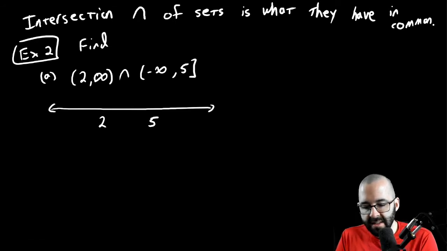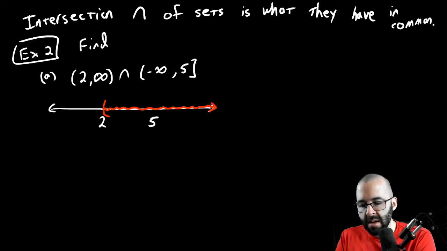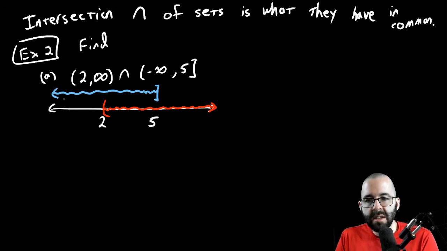So one of these sets, you can either use a parenthesis or an open circle. One of these sets is all the numbers from 2 up to infinity. And another set is all the numbers up to 5 and down to infinity. So intersection is just what they have in common.